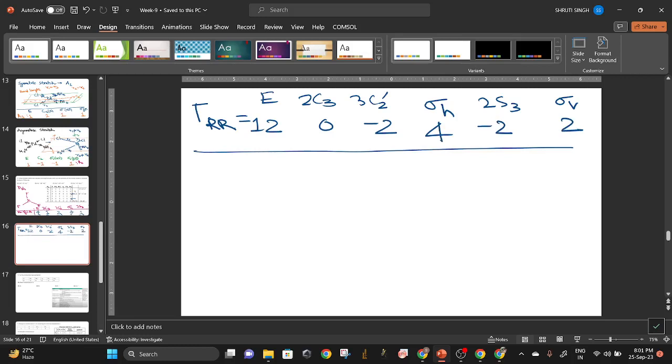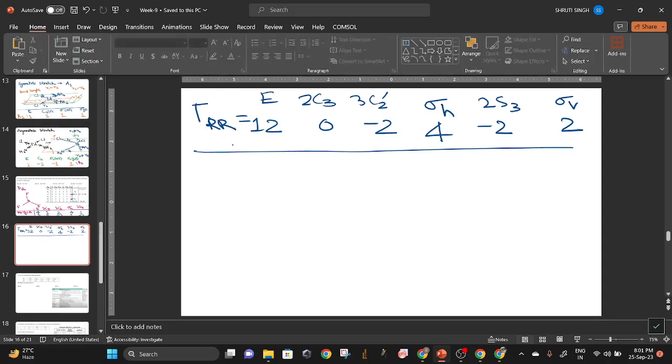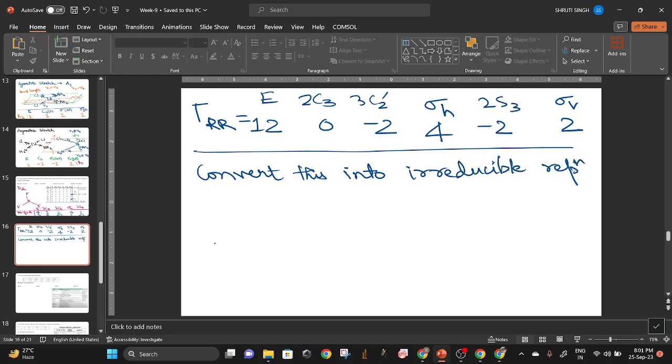This part is done. Next, what we need to do? Rotational and translational. First we need to find the total. We need to convert this into a linear combination of irreducible representations.